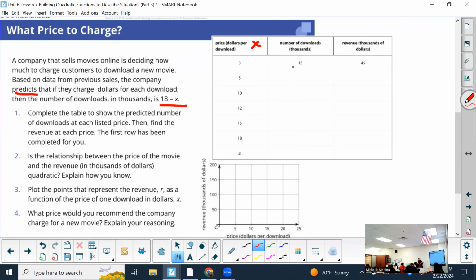And then think about what they're doing to get to 45,000 dollars in revenue. What would they be doing to get to 45? Multiplying 15 by 3. Okay, so using that row that's completed for you, fill in the rest, and this little expression that was given to you as well.